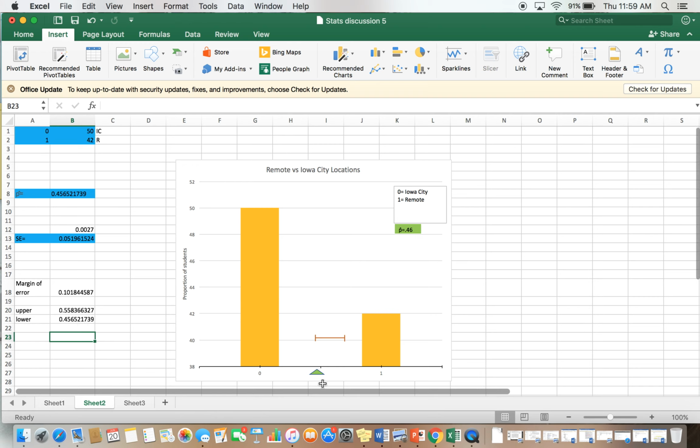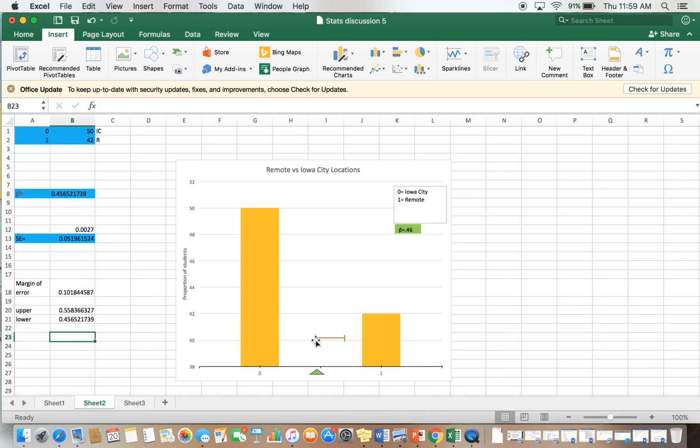Here on my number line, as this is 0.5 and this is 0.46, we have it from about 0.46 to about 0.56 right here. Actually, I think this looks a little big, so I'm just going to squeeze it down a little bit. Yeah, I think that fits my image more.